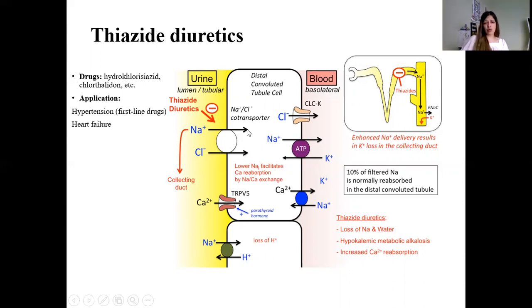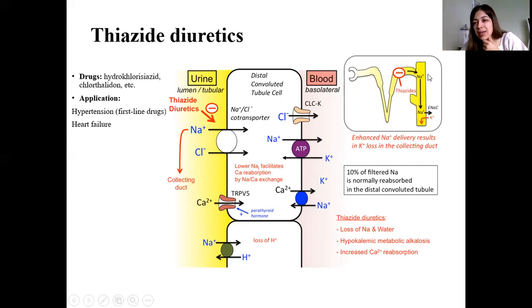By blocking of sodium chlorine cotransporter, we have a lot of sodium in the collecting duct finally, and a lot of chlorine. Because of that, water again will be less reabsorbed. Loss of sodium and water will be, but also increased level of sodium in the collecting duct after blocking of sodium chlorine cotransporter.